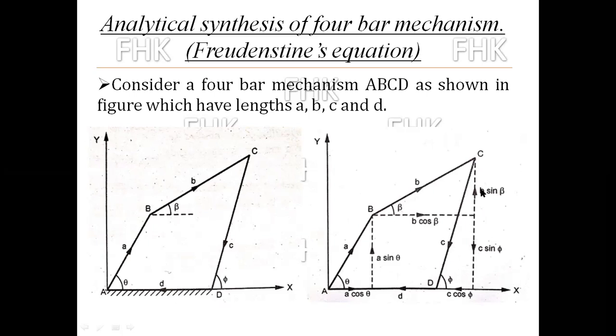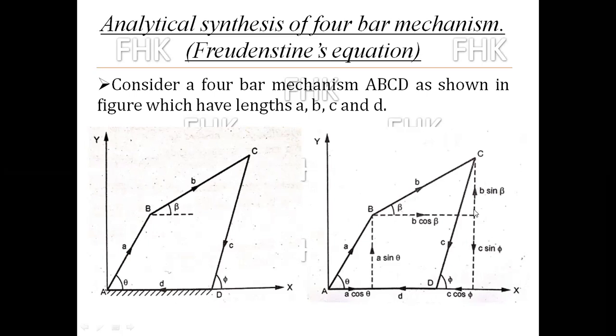So I will take the vertical and horizontal component of C. The vertical component will become C sine phi. Okay, C is making angle phi with the horizontal axis x.